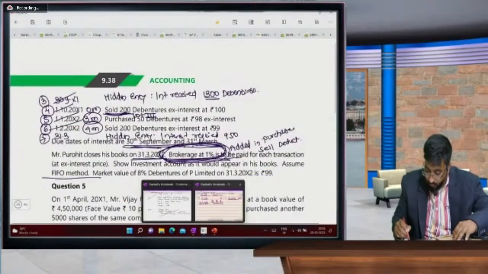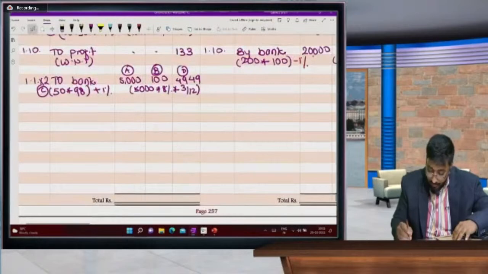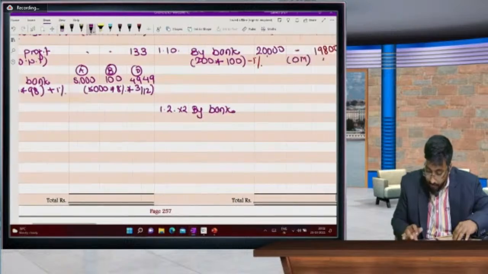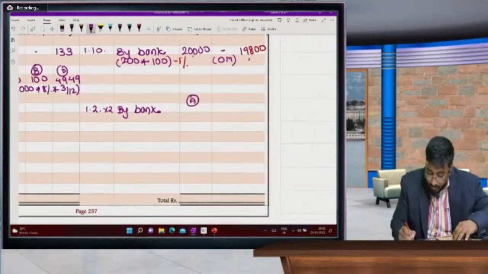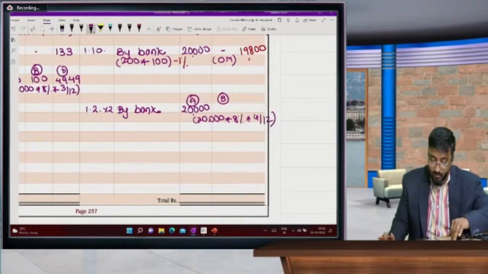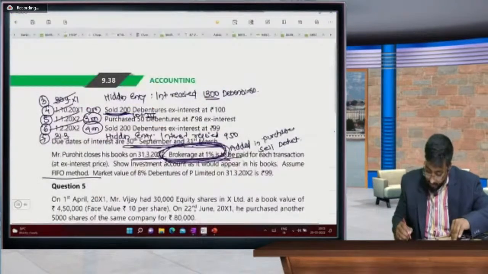1/2. Where did the hidden one come from, beta? 1/2. By bank. You sold A, 20,000. B 20,000 into 8% into 4/12. 4 months is correct, na?